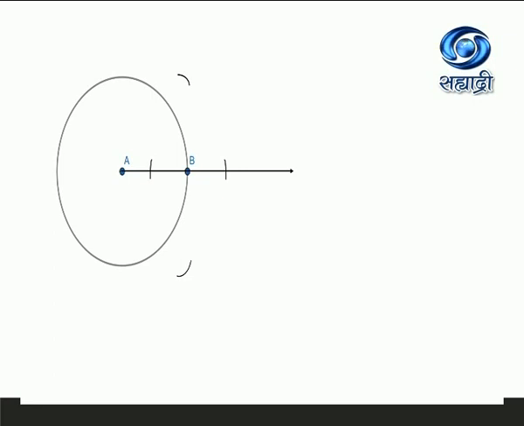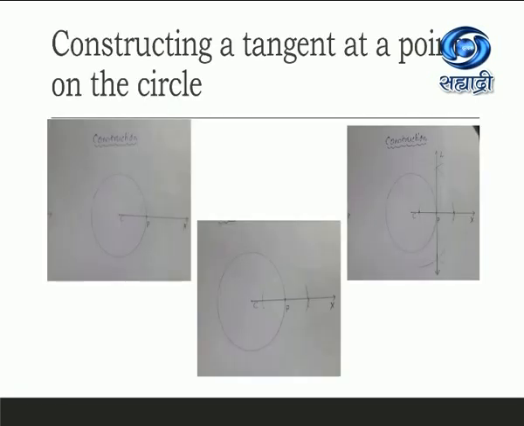Keep the pointer on the other side of B, draw two arcs on upper and lower side. You will get two cross sections or 2 points of intersection. Join the line passing through it. That line is the perpendicular to the ray AB, and perpendicular means that is the tangent drawn to this circle with center A. So in your book it will look like this.